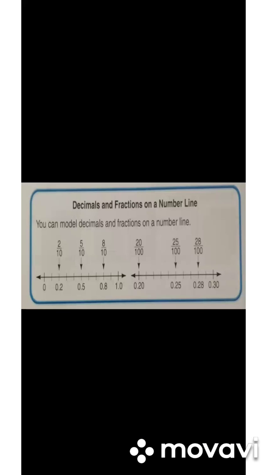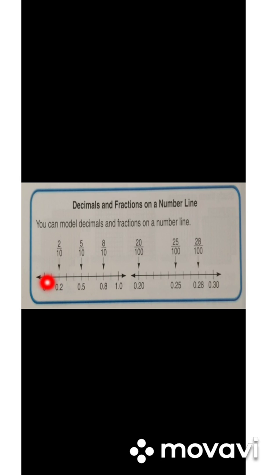Now, guys, we are going to study how to point a decimal on a number line. Look at the first number line. It starts with 0 and ends with 1. So is this number line for hundredths or tenths? Yes, it's for tenths. How many spaces do we have?